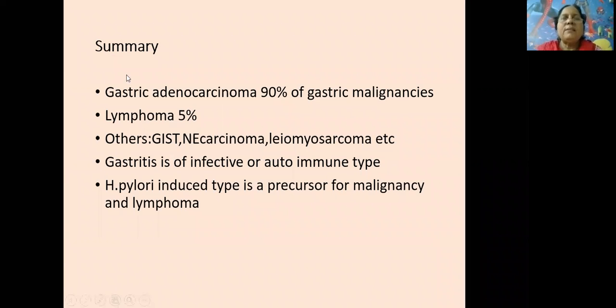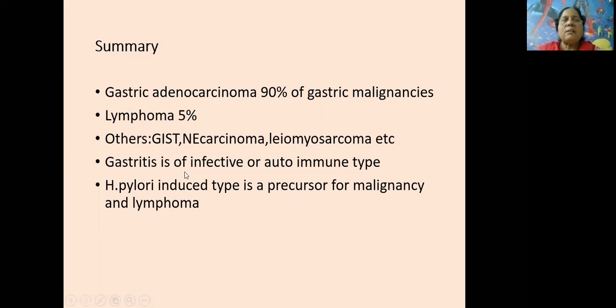To summarize, gastric adenocarcinoma forms 90% of gastric malignancies. Lymphoma constitutes about 5%. The remaining 5% is due to GIST, neuroendocrine carcinoma, leiomyosarcoma, neural tumors, lymphangioma, all those tumors can arise.